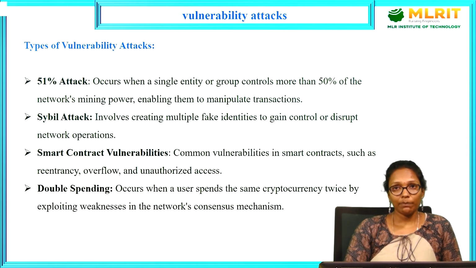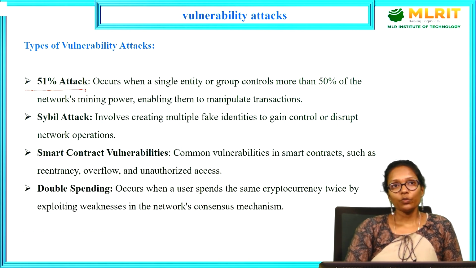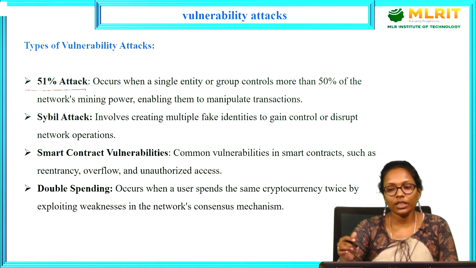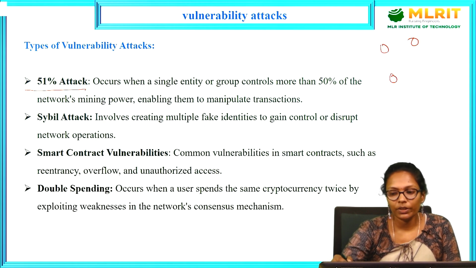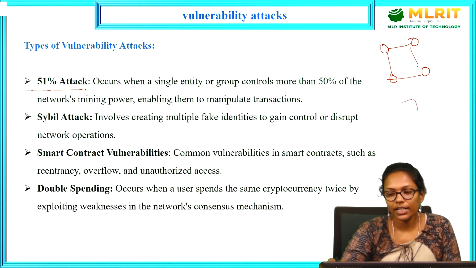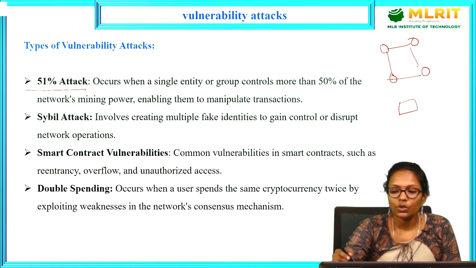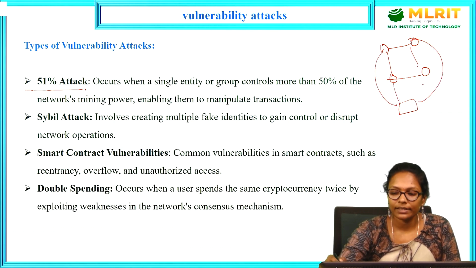Different types of vulnerability attacks. The first one is the 51% attack. Generally in the blockchain, we have 4 nodes here, and I'm raising a transaction. How will the transaction be validated in the blockchain? Every node, the validators, will be involved in the consensus mechanism to validate the transaction.